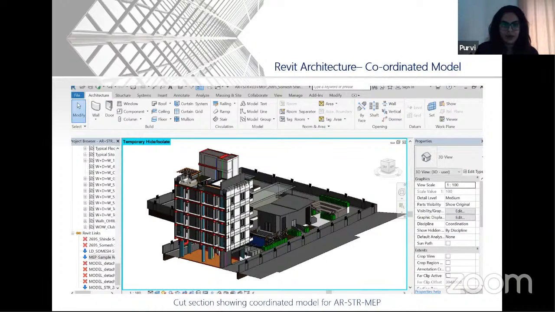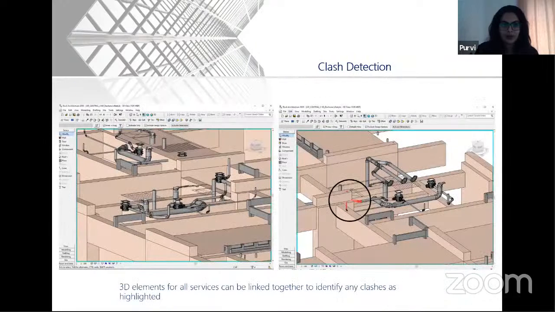These are a few clash detections that we found in Revit. This is not a Navisworks clash detection. This is a Revit architecture clash detection, where you can see highlighted how a service, how a pipeline, is clashing with an existing beam or an existing column.